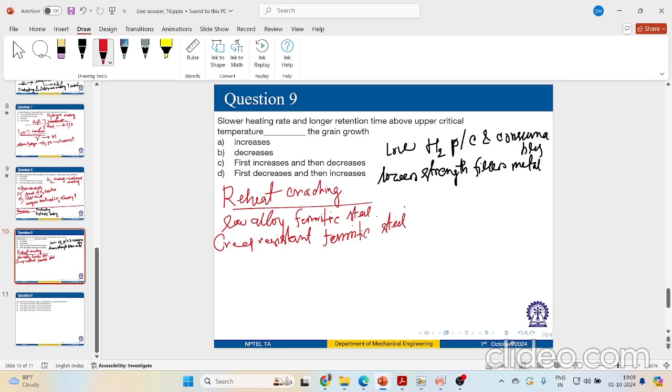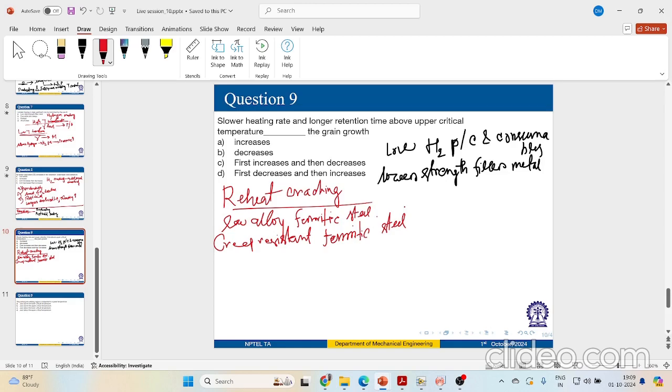Now, these creep resistant ferritic steels are often reheated to about 550 to 650 degrees C after welding to relieve stresses, and that can reduce the susceptibility to hydrogen cracking or stress corrosion cracking.